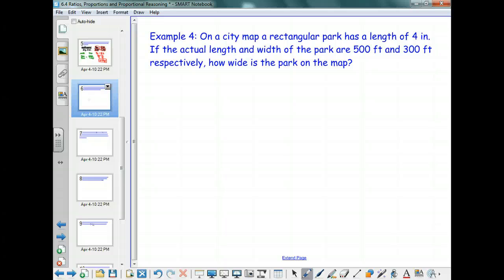Length of the map over the length of the actual. Okay, we could do that. So you've got your map versus your actual values, right? So 4. And then the actual would be the 500.